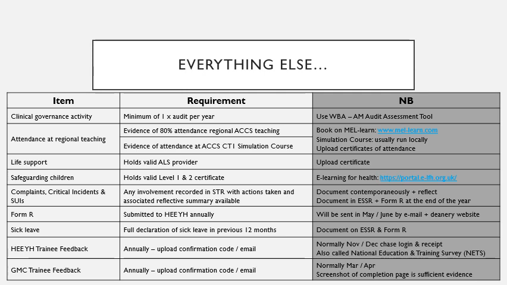Speaking of which, your Form R normally gets emailed to you towards the end of the year with guidance on completion, but you can also download it from the Deanery website if you need to. If you take any sick leave or time from training for any reason, keep a record of it and make sure it's accurately declared on your ESSR and then your Form R as well.